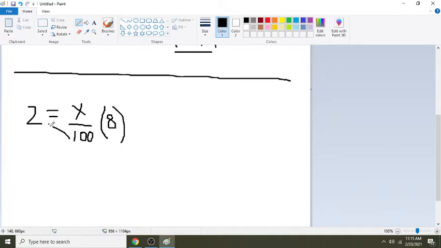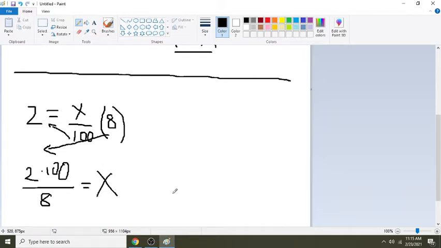This goes up here and the 8 goes down there, which makes it like 2 times 100 over 8 equals x. That's it.